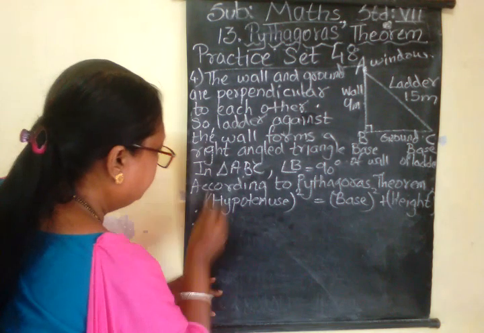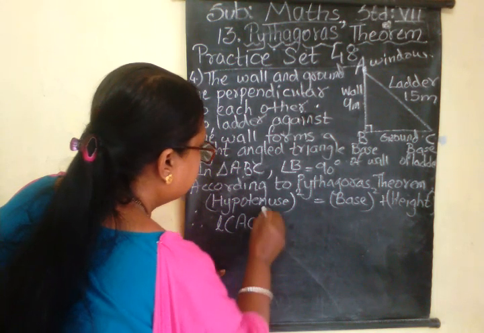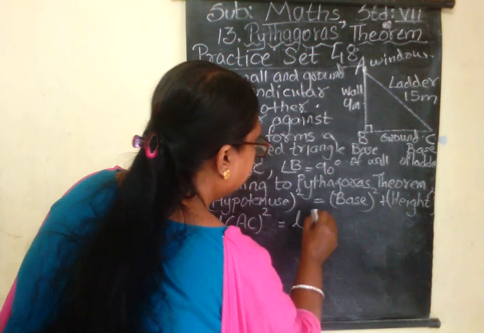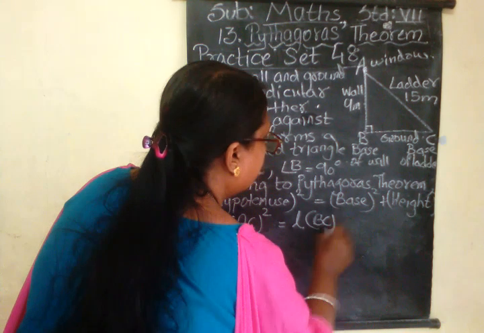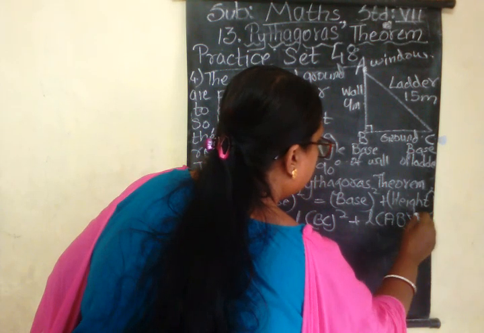So as per our figure, we get length AC square is equal to length BC square plus length AB square.